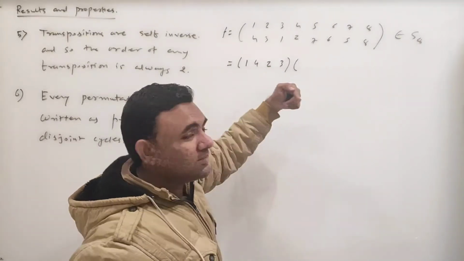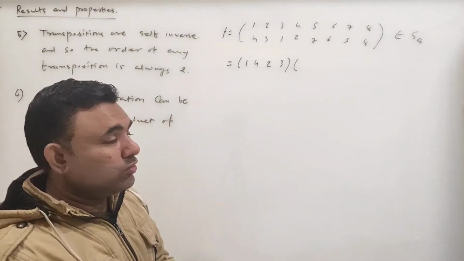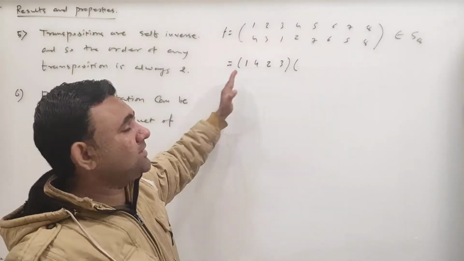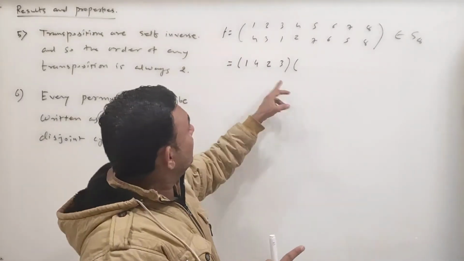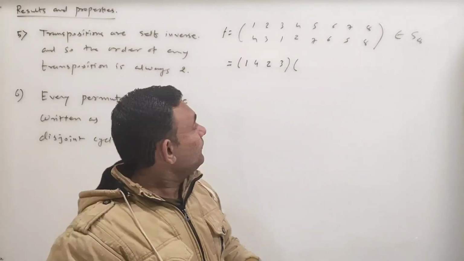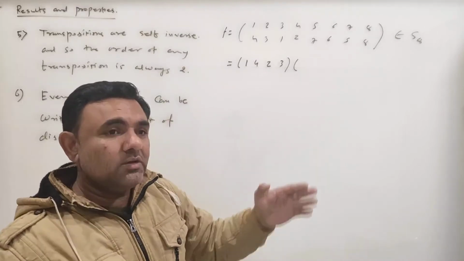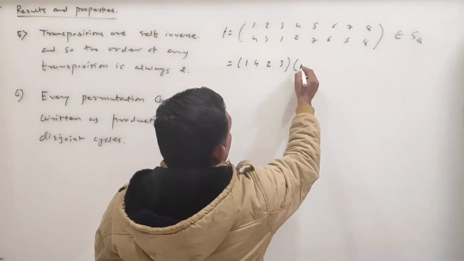So the next one is 5. It is also not necessary that you start with 5 only. You can start with any object which is not present here. Here 5, 6, 7, 8 are not present, but for the counting and for easy calculation, you go in this order. So here 5 is absent, so you start with 5.